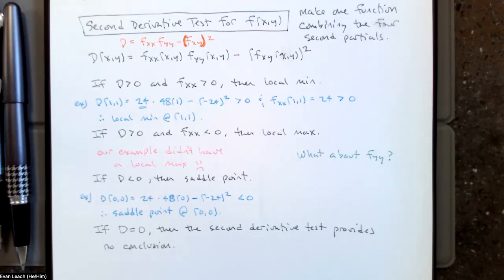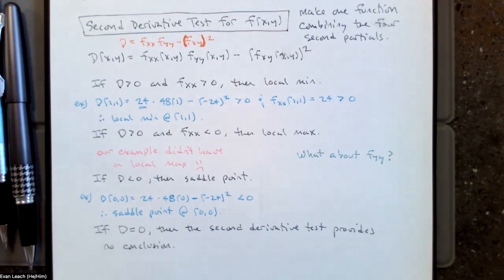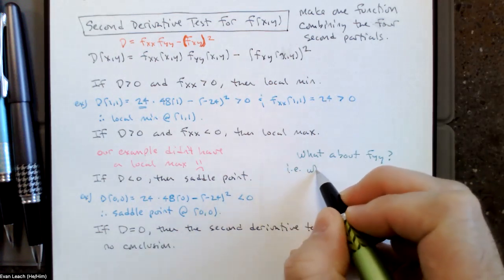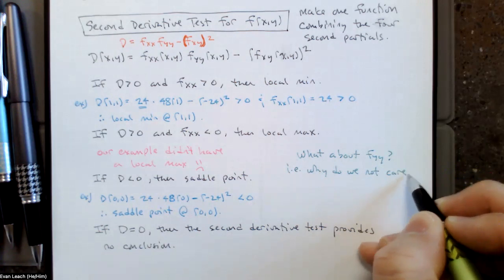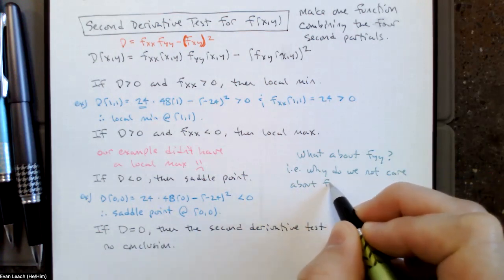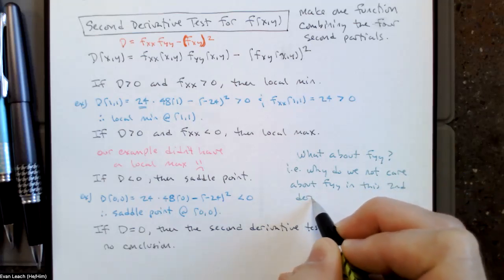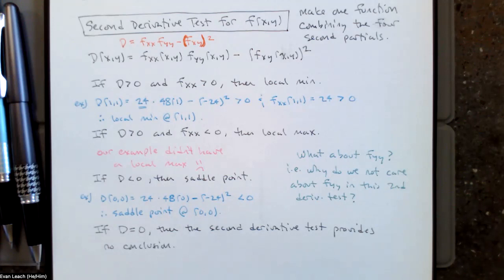Why does the second derivative test not seem to worry about what's going on with fyy?